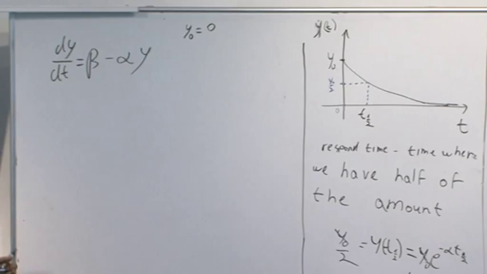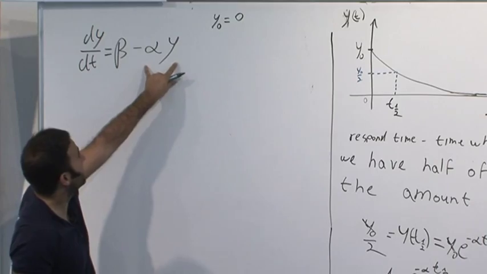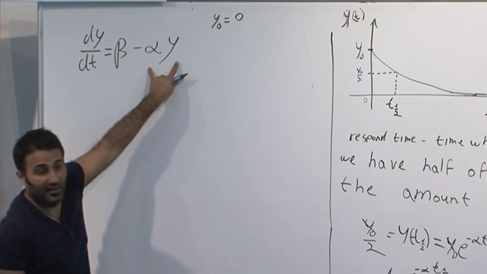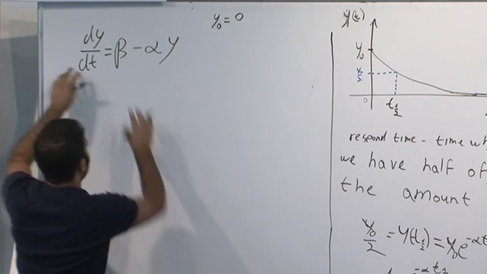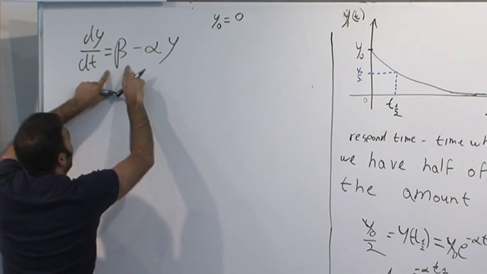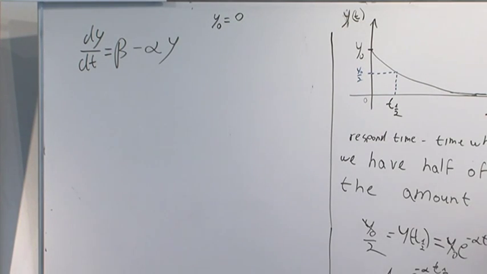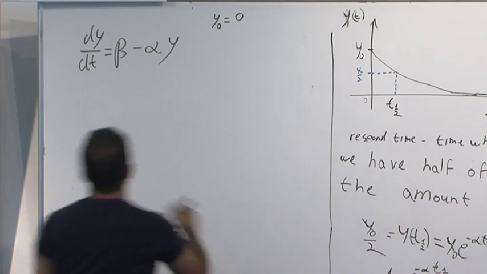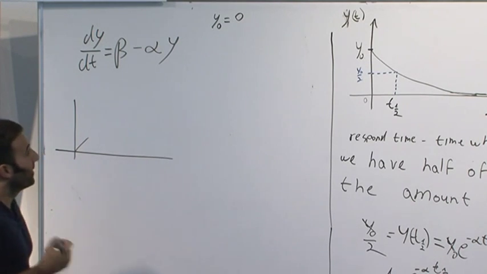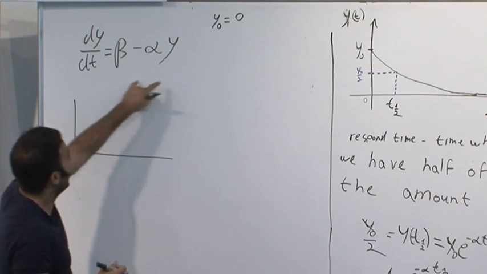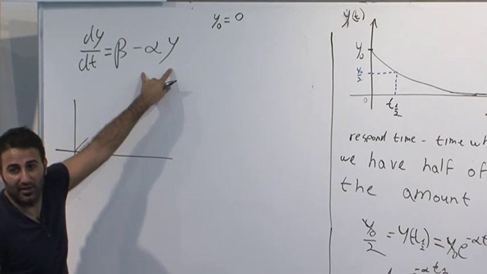So if we start from 0 amount of protein, how much will this be? 0. So in the beginning, as long as we have a little bit of protein, this is the dominant part of the equation, right? So that means it will build protein. But if y goes bigger and bigger, this part will be more dominant, right?